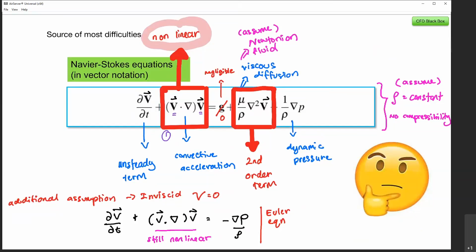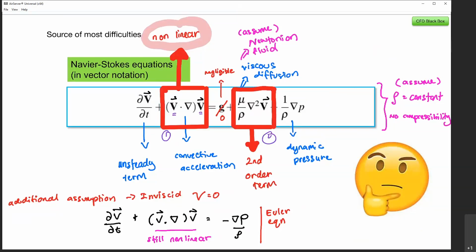And the second one is the second order term. What we are going to look at in our study of the Navier-Stokes equations is how to deal with the second order term. So what does a second order term mean? Hopefully we are going to cover that in this session. But basically you need to understand why we need CFD to solve the Navier-Stokes equations.